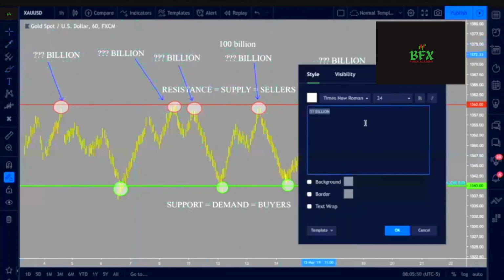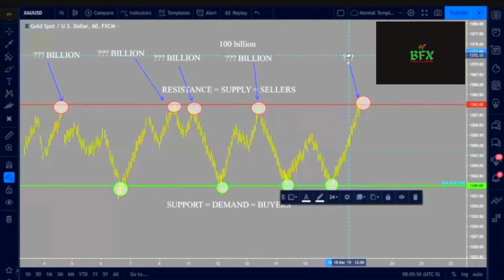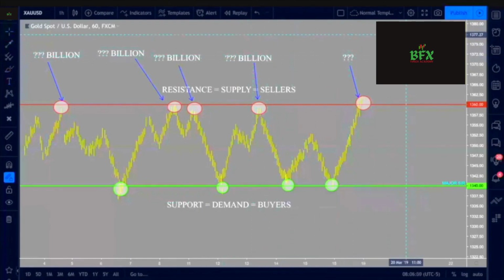And the question is, let me get rid of the billion here. The question is, is this good or bad for us? The answer is it's bad, because at this point, we've already visited this level so many times that each time we visit this level, write this down, take note of this, it's very important.